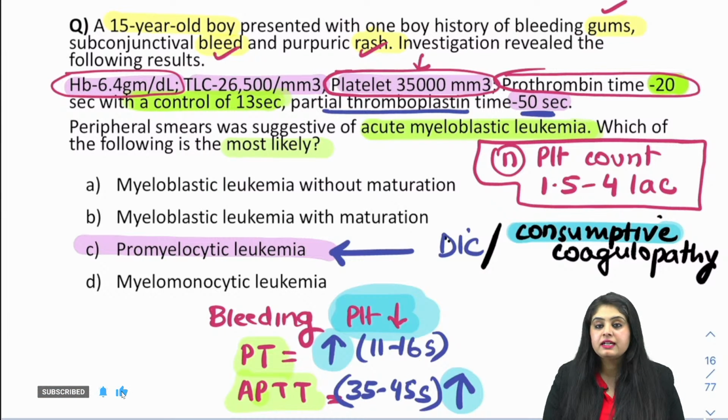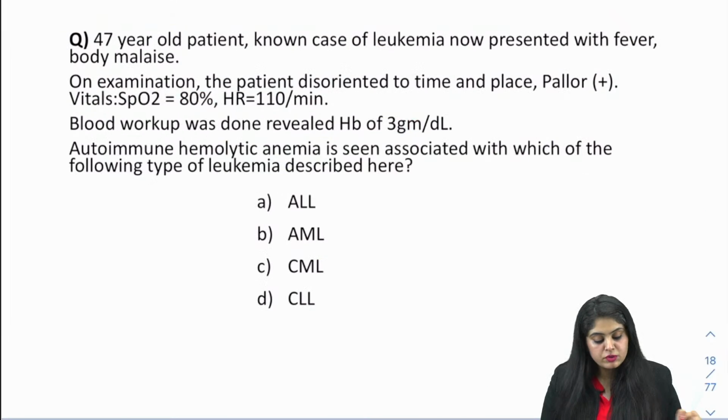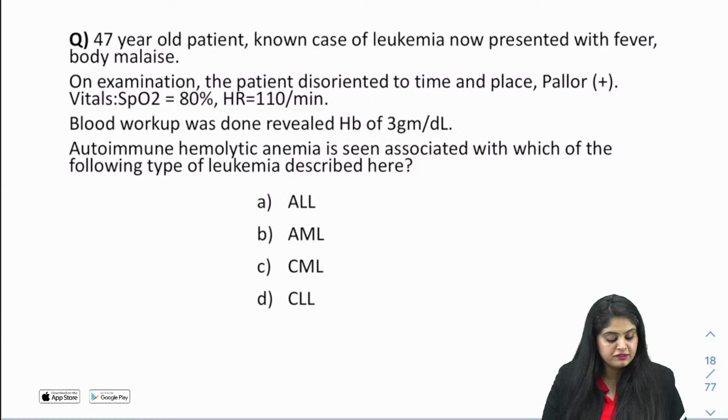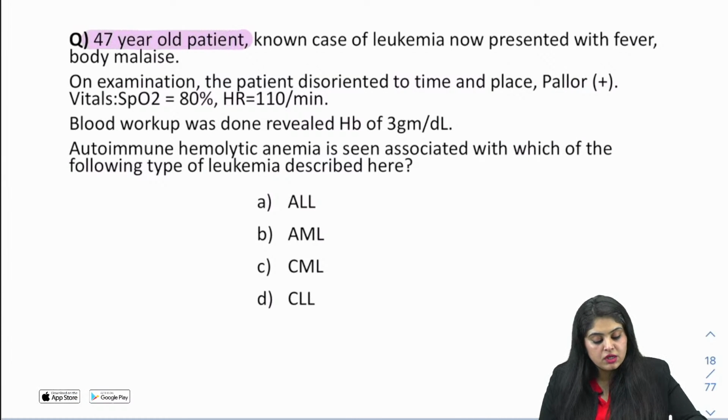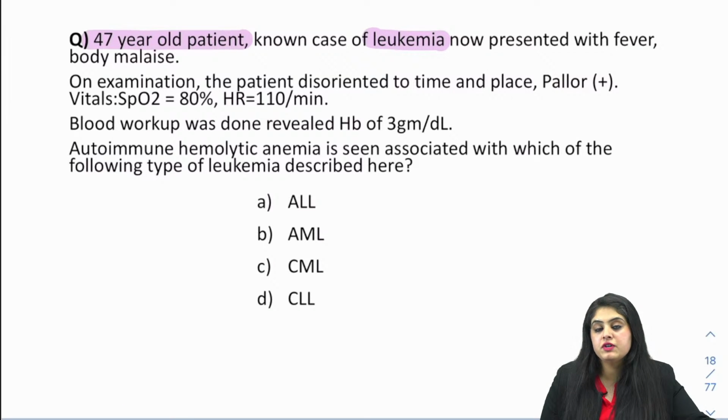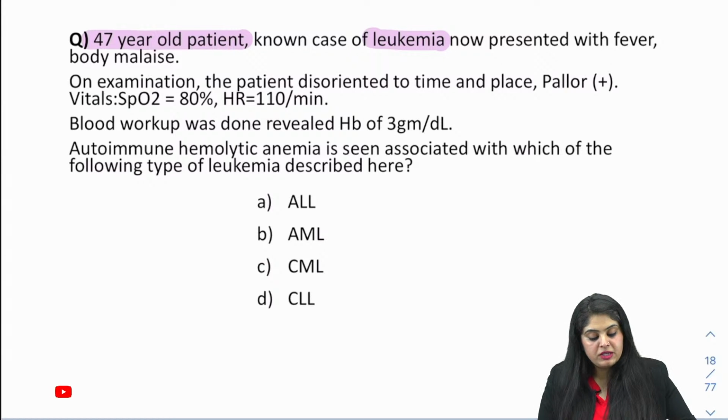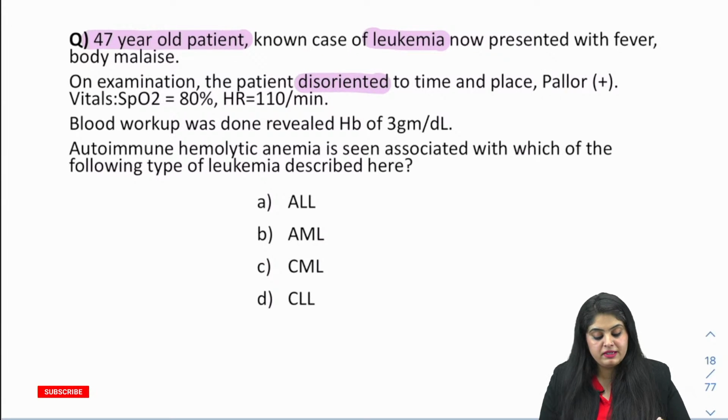Perfect. Having said that, now let's move on to the next question. I hope this one is a little easier on you. There's a 47-year-old patient, a known case of leukemia, some blood cancer, who has presented with fever and body malaise. On examination, the patient is disoriented to time and place. Pallor is present, so he's anemic.